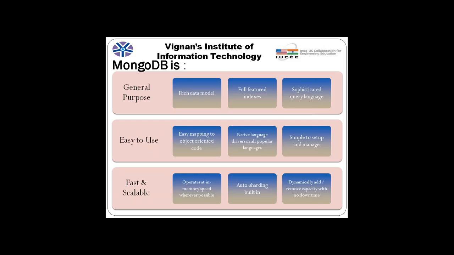High query rates, which can exhaust the CPU capacity. At that time we require the approach called sharding. Sharding can also be called horizontal scaling. Let us not deviate; we will have a separate slide for sharding and replication, not now.